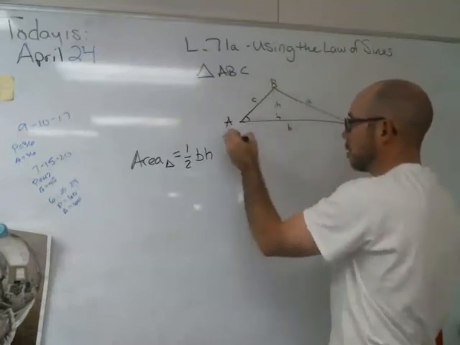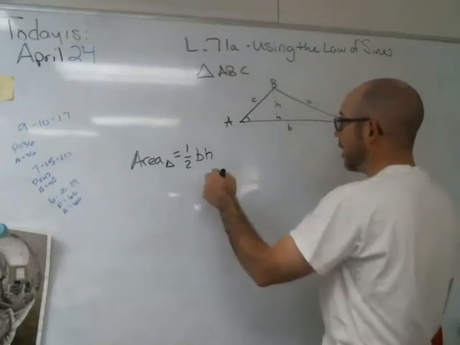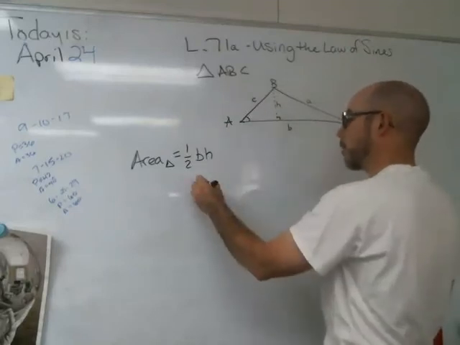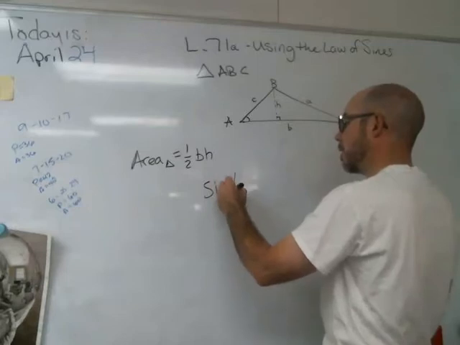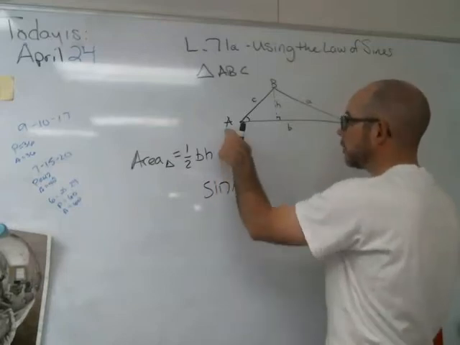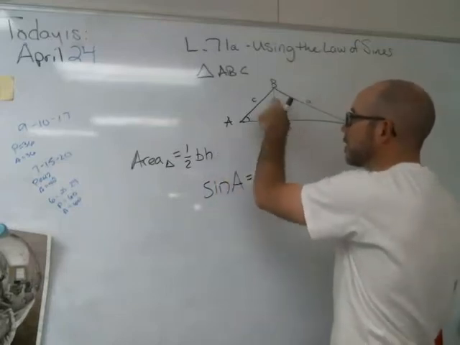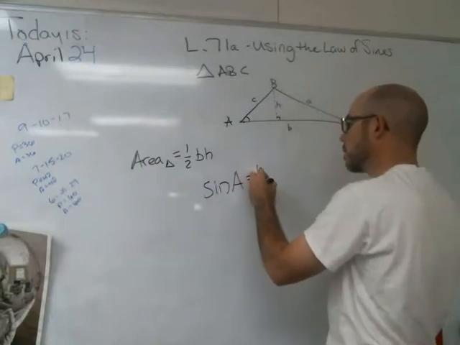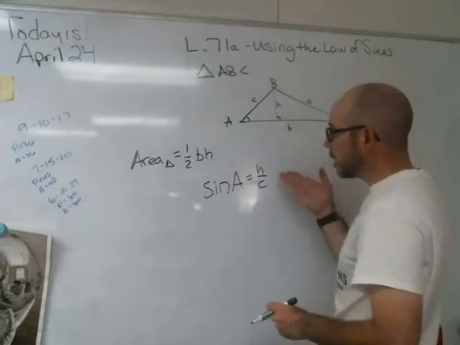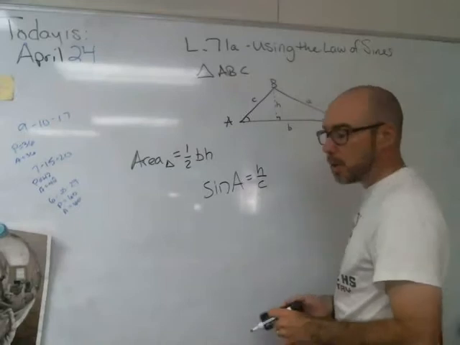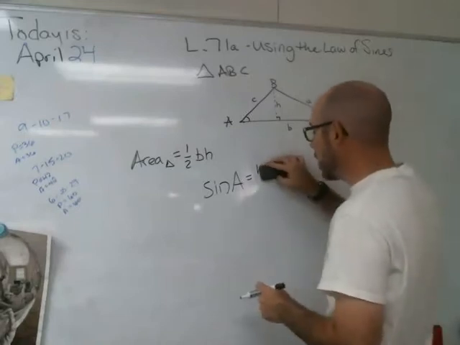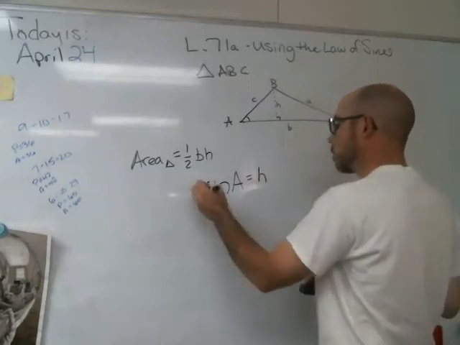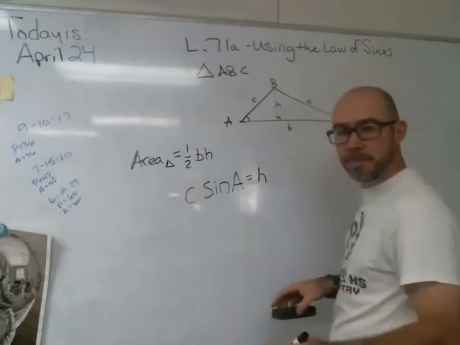There's my triangle. And I can define this H if I take the sine of this angle A. Sine of A is going to be H over C. And then if I would like to just have it equal H, I'm going to multiply both sides by C.